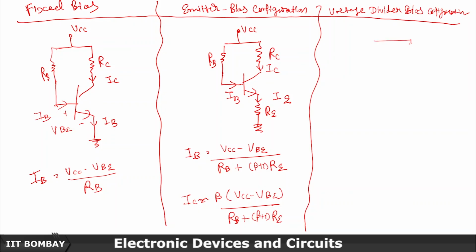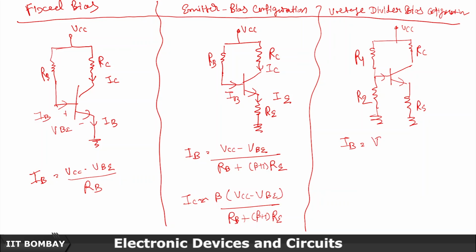And if I do that again for this one, R1, RE, and this is my R2, this comes out to be this way, VCC. So the expression here is IB equals ETH minus VBE, where ETH is equal to R2 into VCC divided by R1 plus R2, divided by RTH plus (beta plus 1) RE.